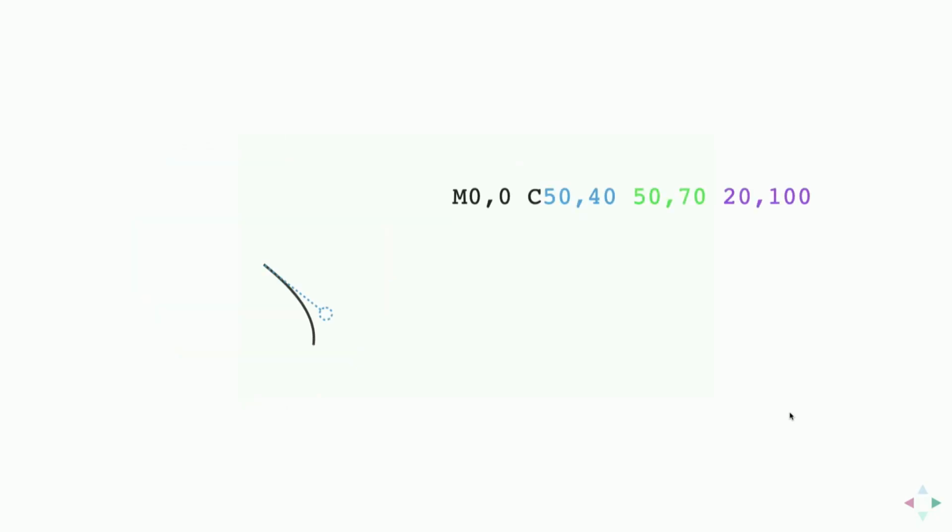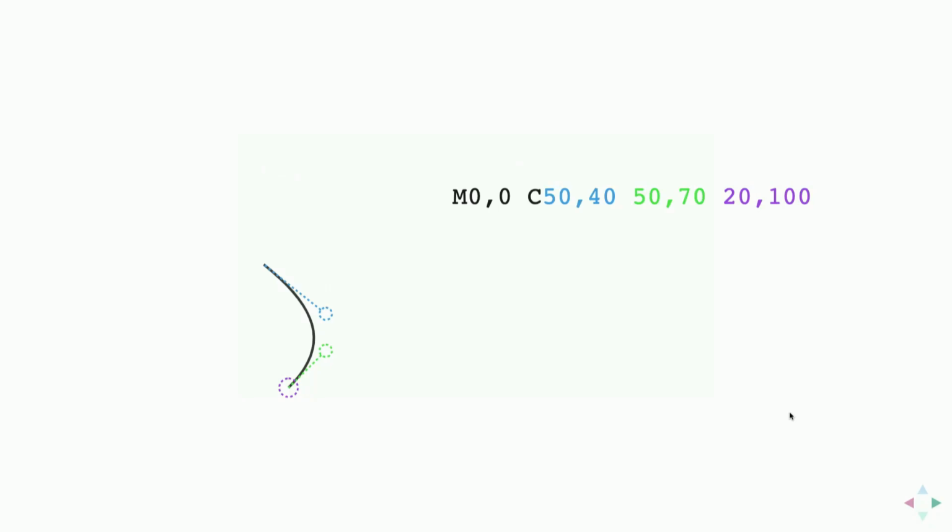Okay. So let's go through it together. I want to draw that cherry blossom shape. And to do that, I start out with a curve on one side. The way that I like to think about it is that I start out with a starting point of 0, 0.